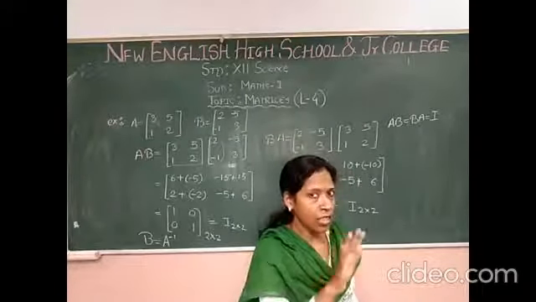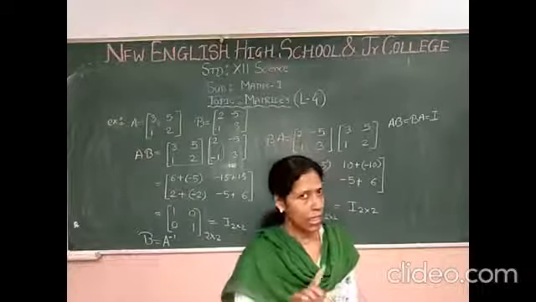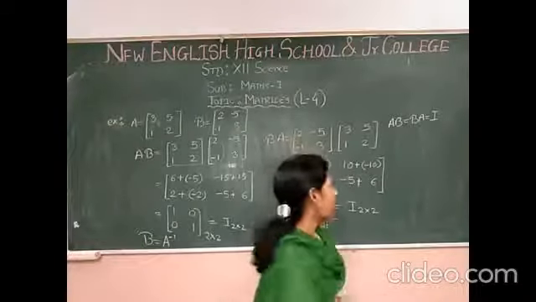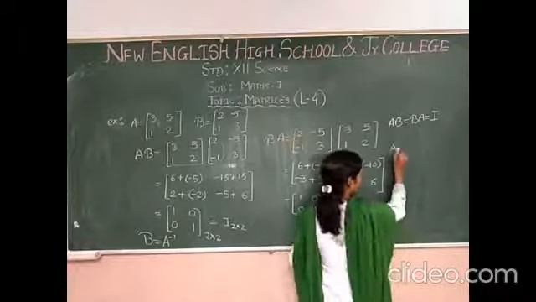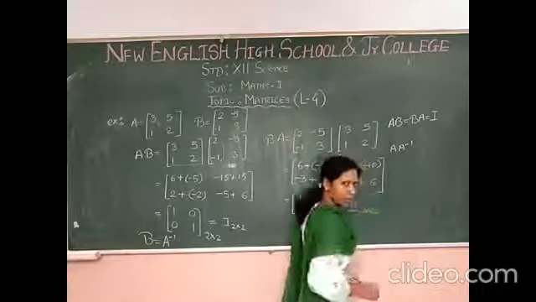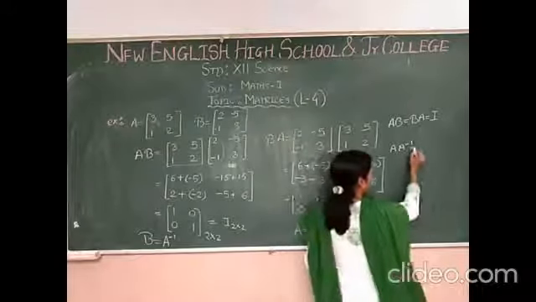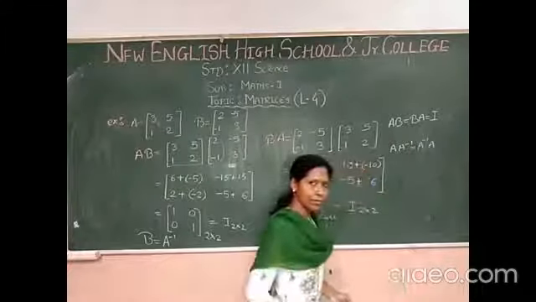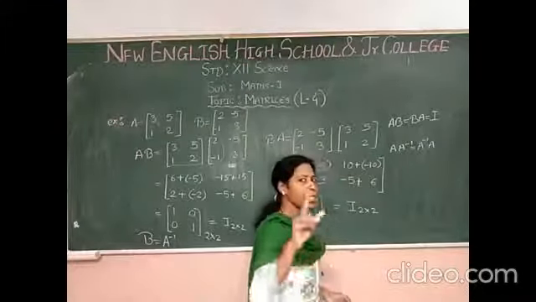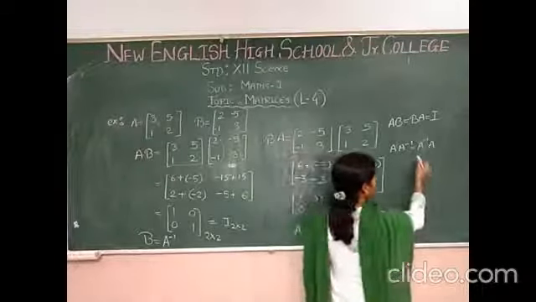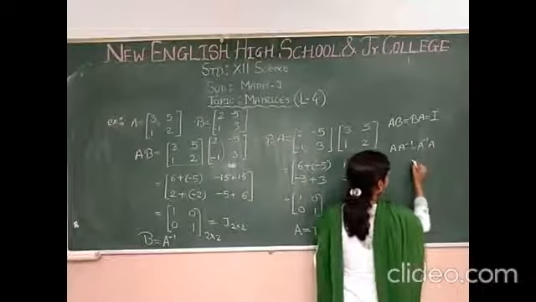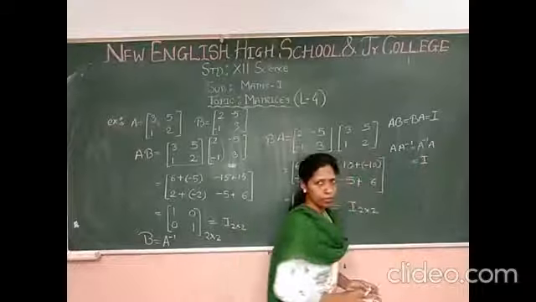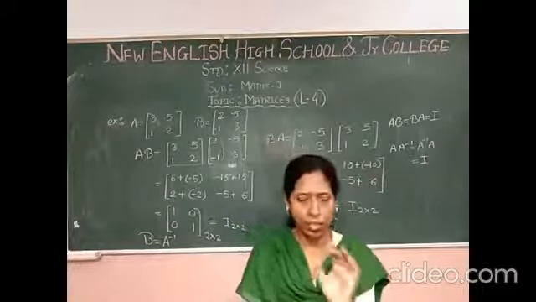In general it is not true. Means when I multiply A with its inverse, or I multiply inverse matrix with A, then I am going to get same matrix, and that same matrix is nothing but identity matrix. This is a special case. Okay, children?